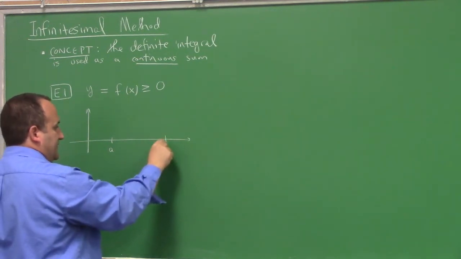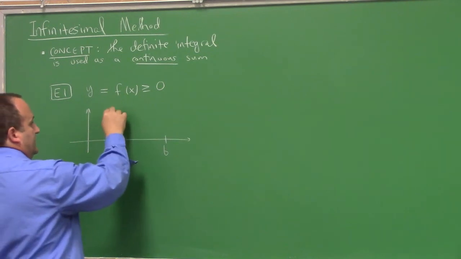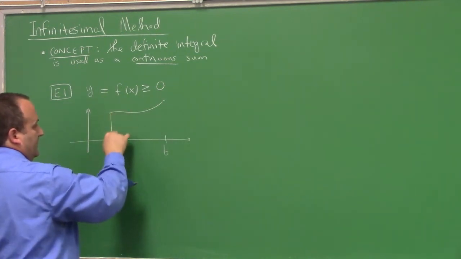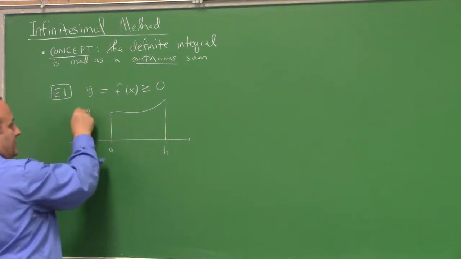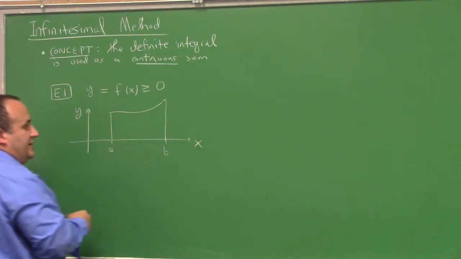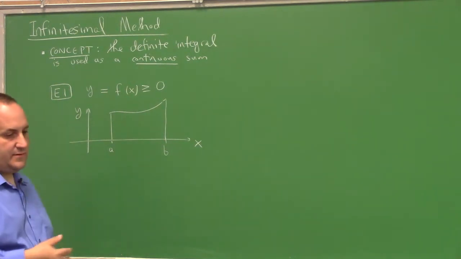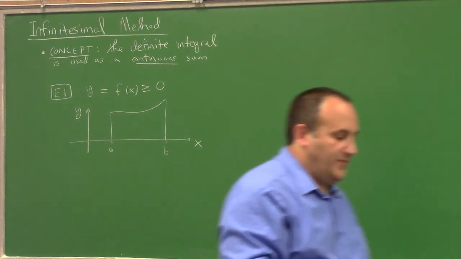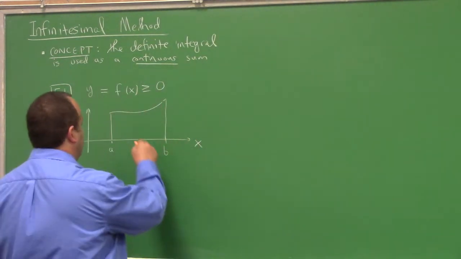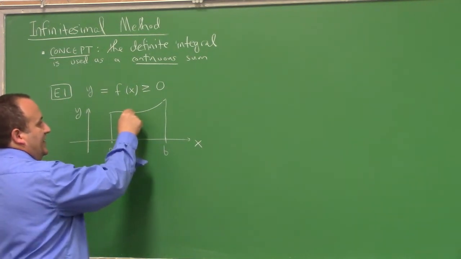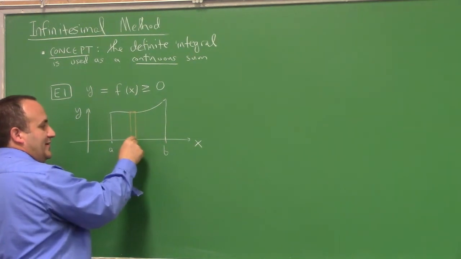So the first and kind of simple version of this idea is, if I want to calculate the area under y equals f of x from A to B, I can draw a typical, so-called typical infinitesimal approximating rectangle. I never can quite draw it infinitesimally, so my infinitesimal pictures are always way, way too big.